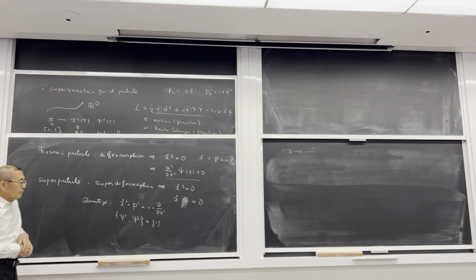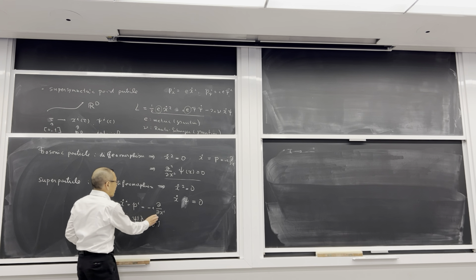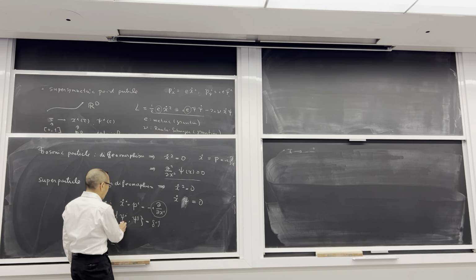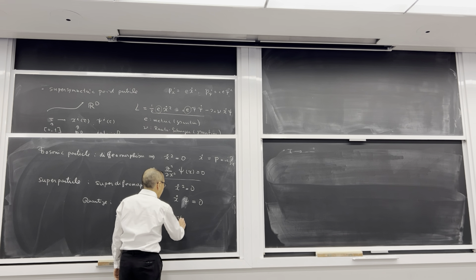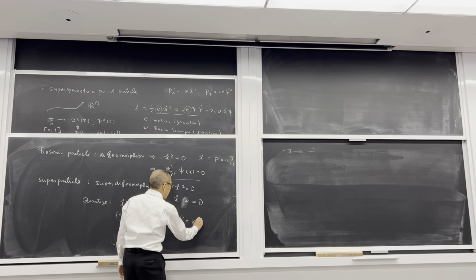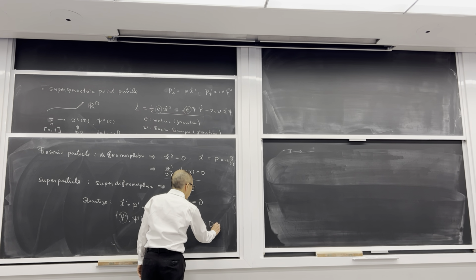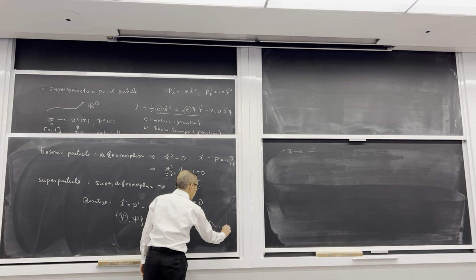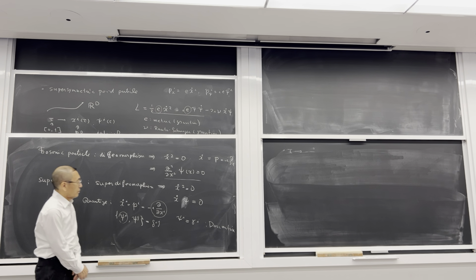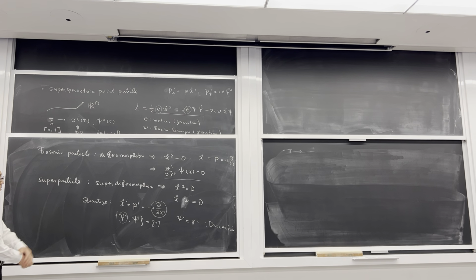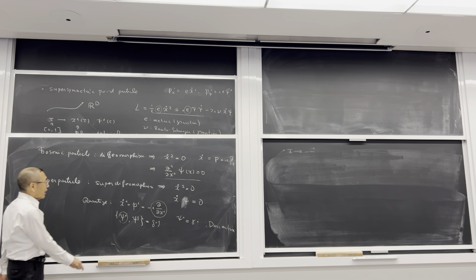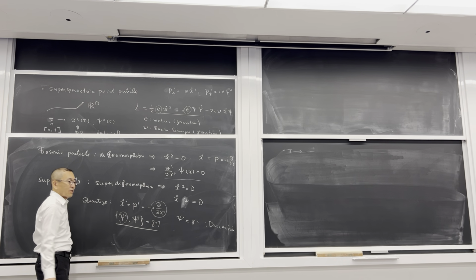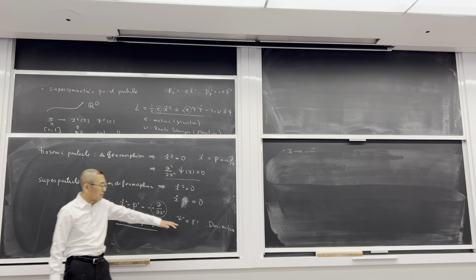Okay. So this means that x dot is actually a derivative operator, and psi is a Dirac matrix. There is actually a simple mathematical theorem you can prove by linear algebra, that the only non-trivial representation of this algebraic relation is given by Dirac matrices.